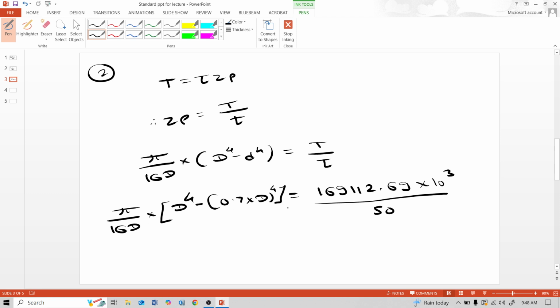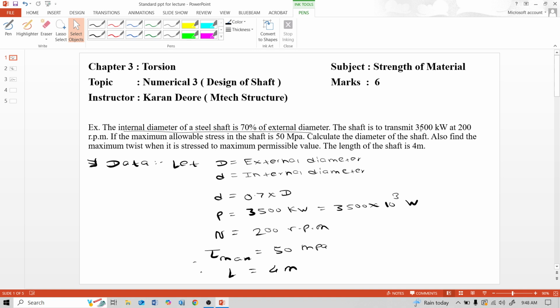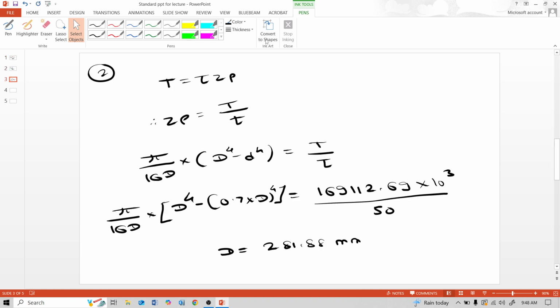So by solving this equation mathematically in the calculator, we get this capital D as 281.88 mm. That means this 281.88 mm diameter is required to transmit this 3500 kilowatt power, and it is approximately equal to 282 mm.